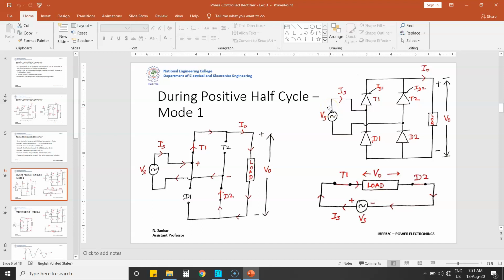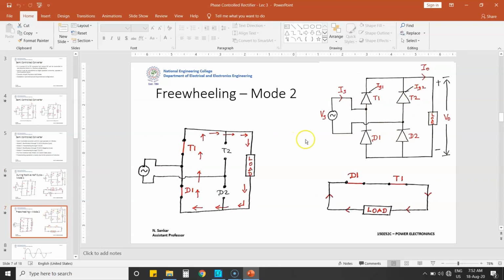In case of RL load, there will be some freewheeling inside the thyristors. For example, even if the thyristor T1 gets turned off, there will be freewheeling between your load and diodes. This is a freewheeling mode. Here, even though thyristor T1 and D2 both are turned off, current will be freewheeling through thyristor 1, load and D1.